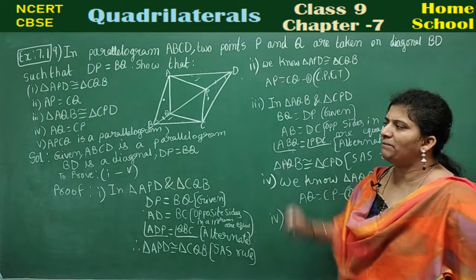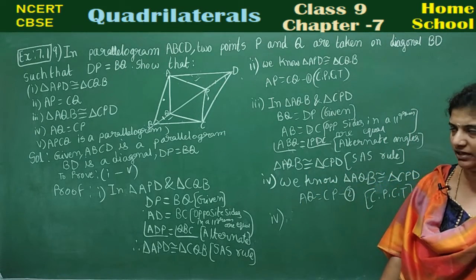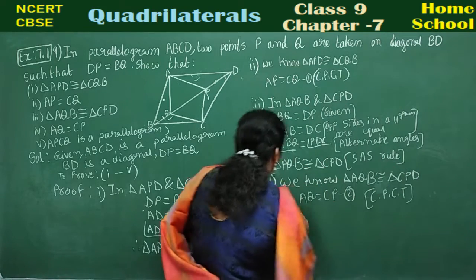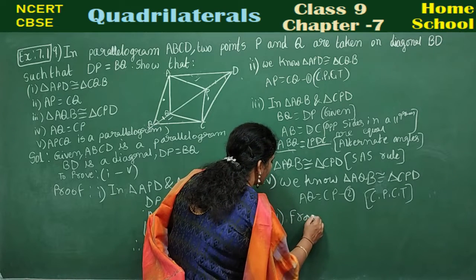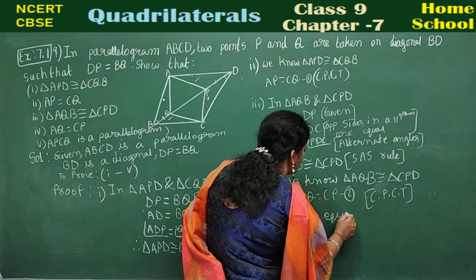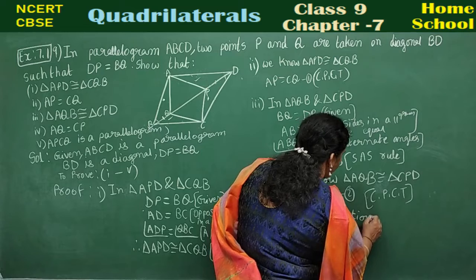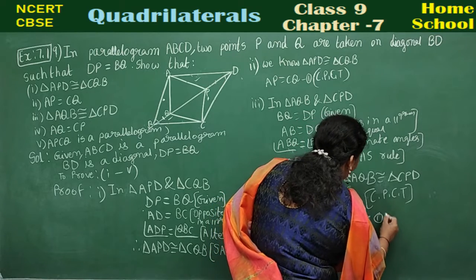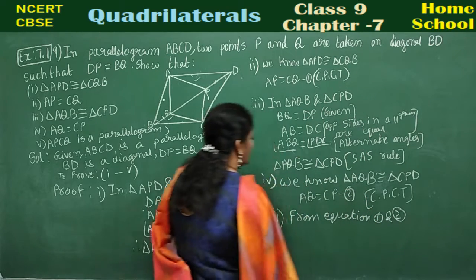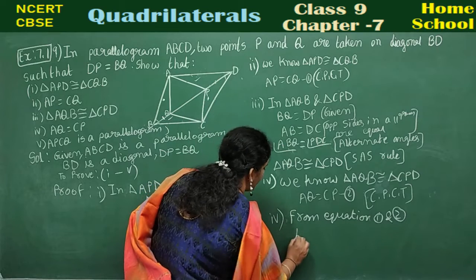Let's go with the next question. Prove that APCQ is a parallelogram. I say that from equation 1 and 2, what do I say?